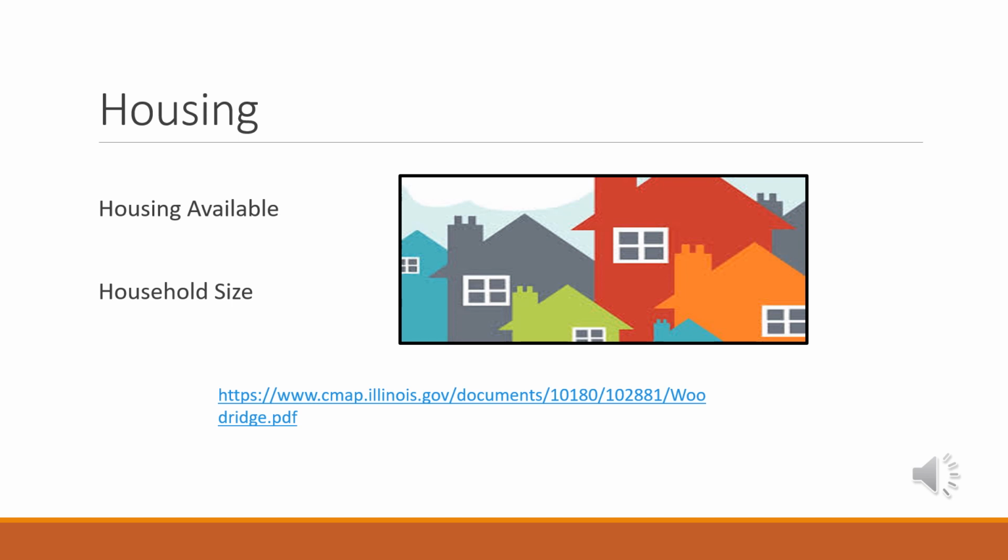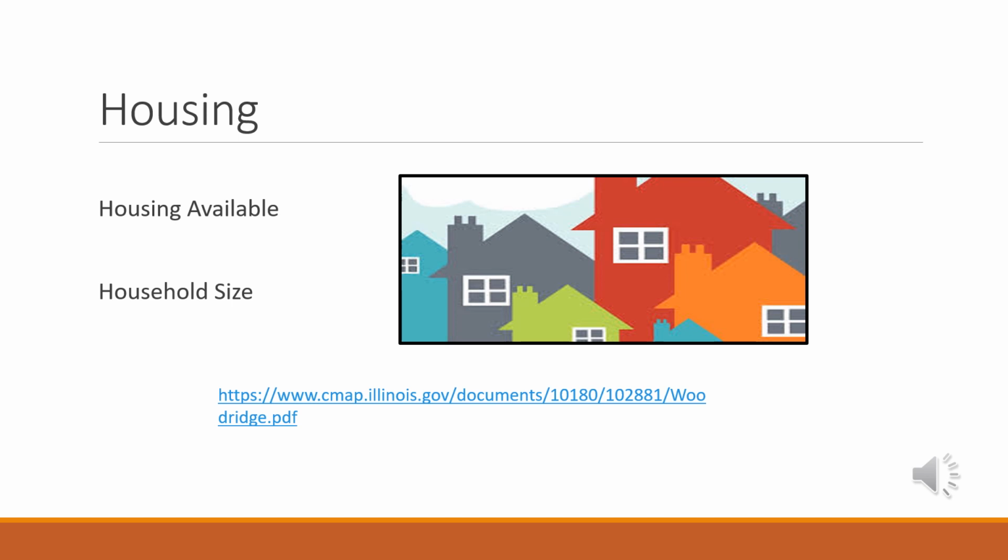Now, the median cost of owning a home or buying a home in Woodridge is $406,000, which is up 33.6% over a year. In Downers Grove, which is a neighboring community, the median cost of a house there is $469,000.